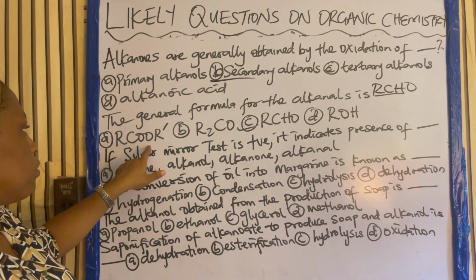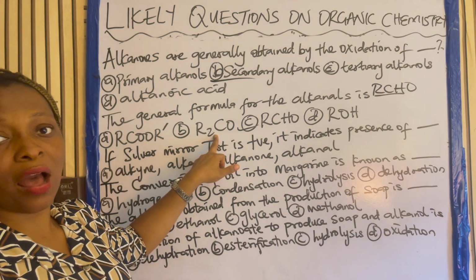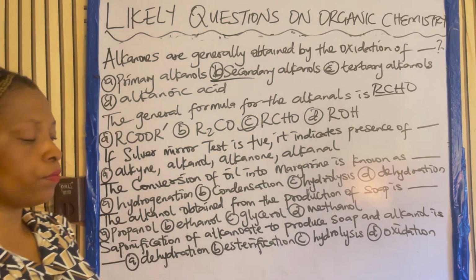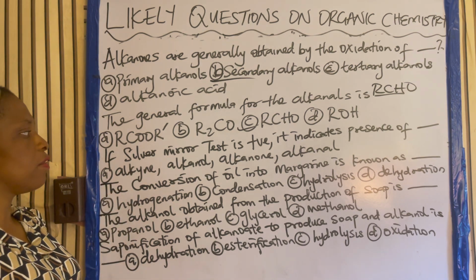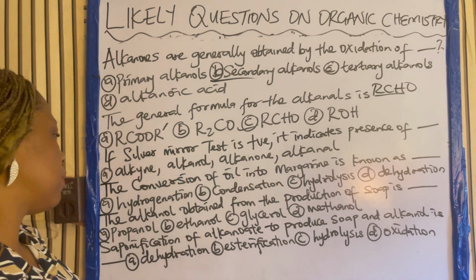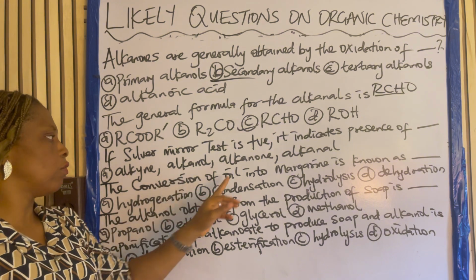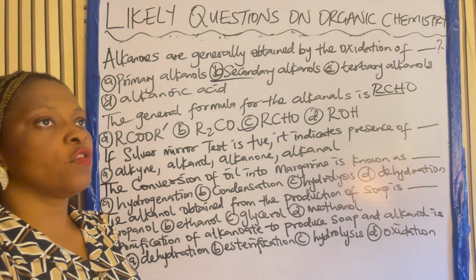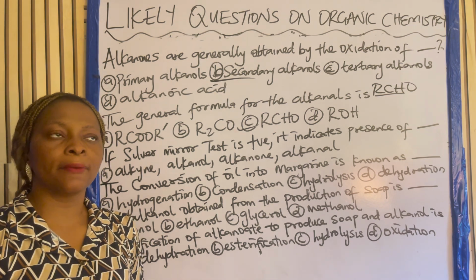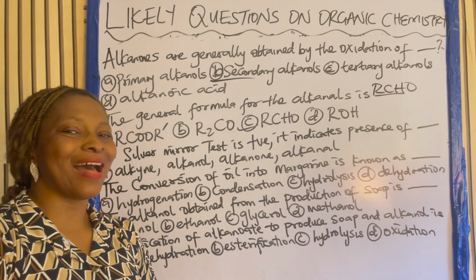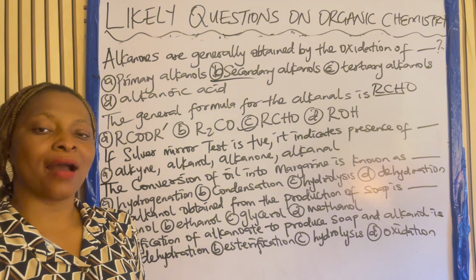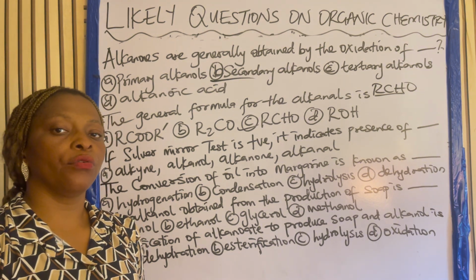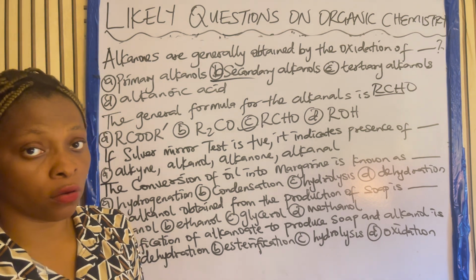Okay, so this is esters. This is alkanones. This is alkanal, and this is alkanol. If silver mirror test is positive, it indicates the presence of alkyne, alkanol, alkanone, or alkanal. Now, silver mirror test is used to distinguish between alkanal and alkanone. Remember, alkanal is obtained by oxidation of primary alkanols, alkanone by oxidation of secondary alkanols.